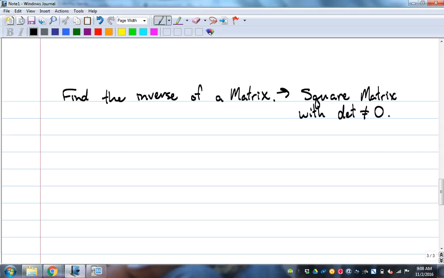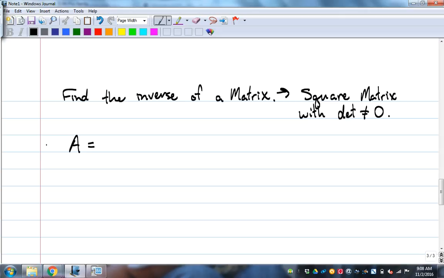If you typed a matrix in there and tried to find the inverse and its determinant was 0, then it would give you an error. So it's not something you're going to have to separately check. You're going to find that out when you try to do the inverse. So when you do the inverse, you're going to take a matrix.